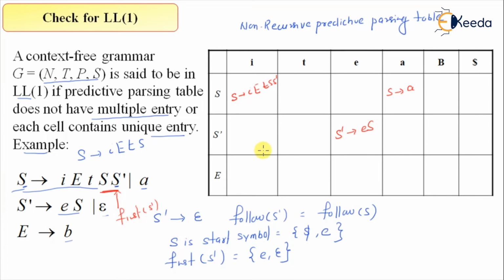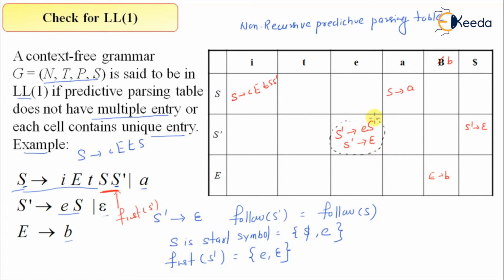So S' derives epsilon goes to the $ column, fine. But now there is a unique situation: S' derives epsilon is also in the e column. Finally, E derives b, which I can put over here in the b column. Now you can see that there is a multiple entry situation.